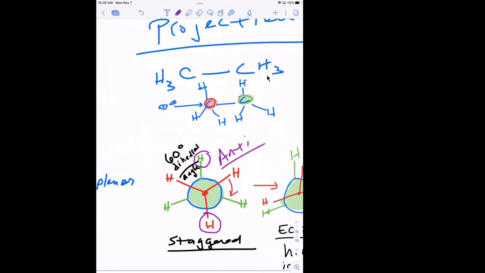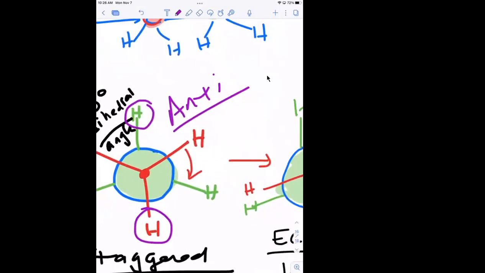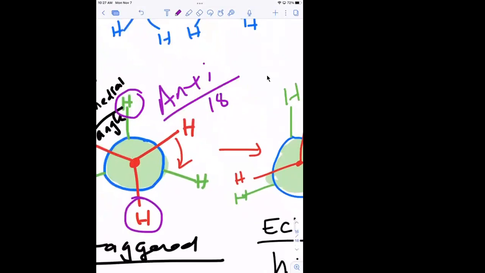One at the very top and the one at the very bottom in the staggered conformation. We call that positioning anti, meaning they are 180 degrees apart.